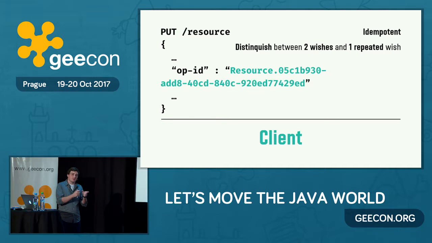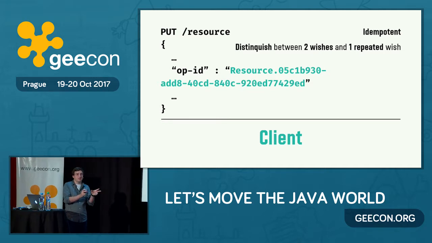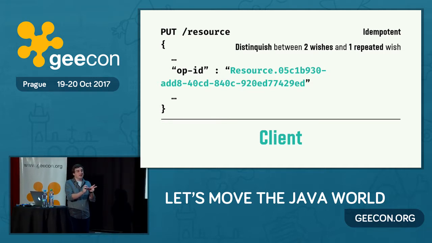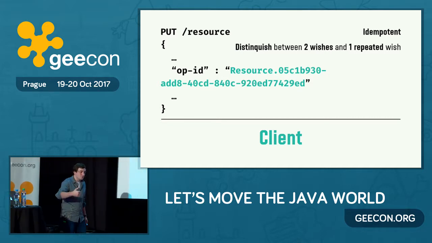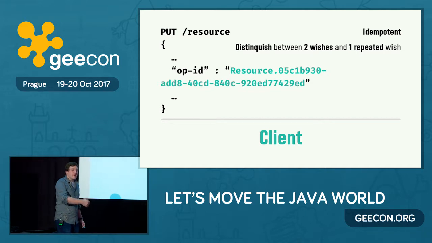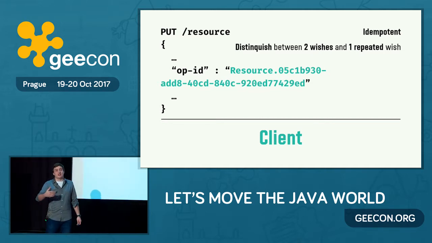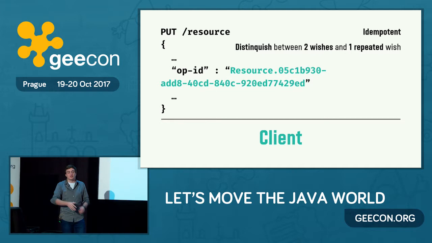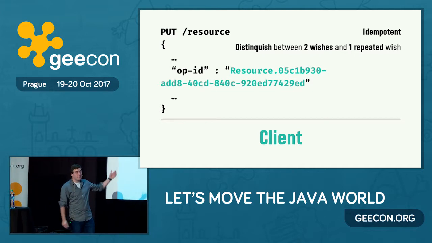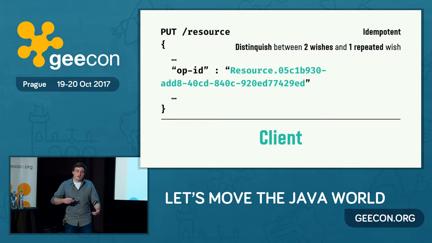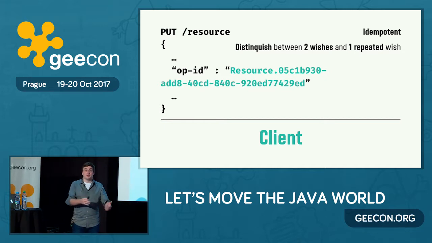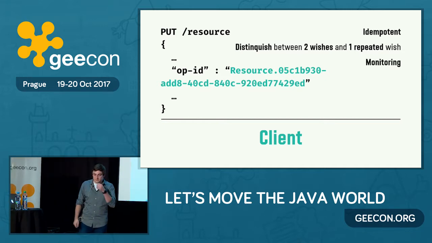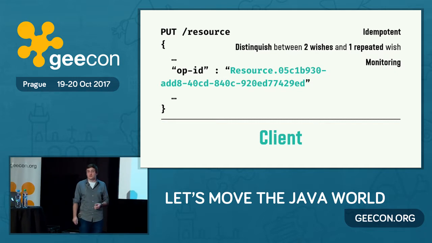But you can use it on the application level to distinguish between the retries and between the 2 wishes of the user. So this will distinguish between whether the user wanted to perform the same operation twice and when the client decided to create a retry. So the retry should always preserve this operation ID, while new operations should generate a new UUID. And this is also great for monitoring.